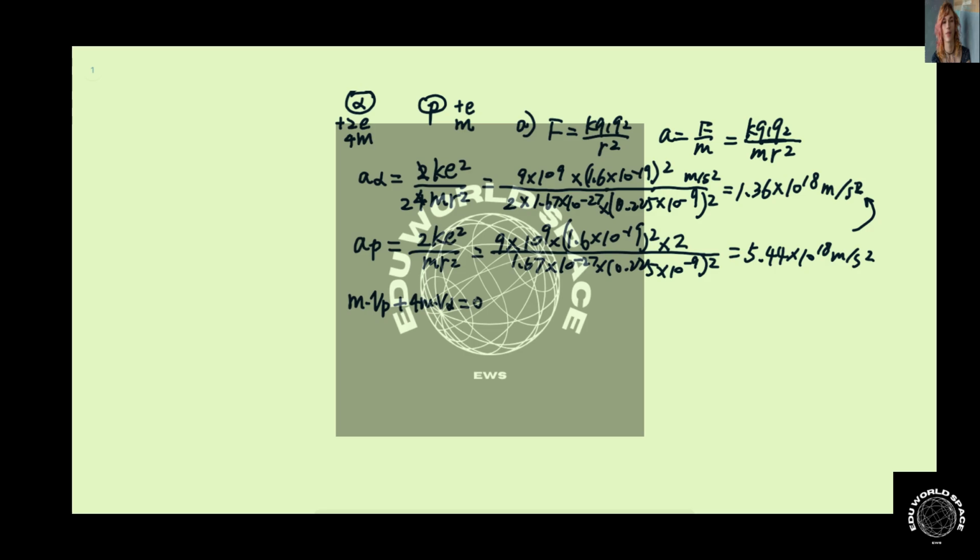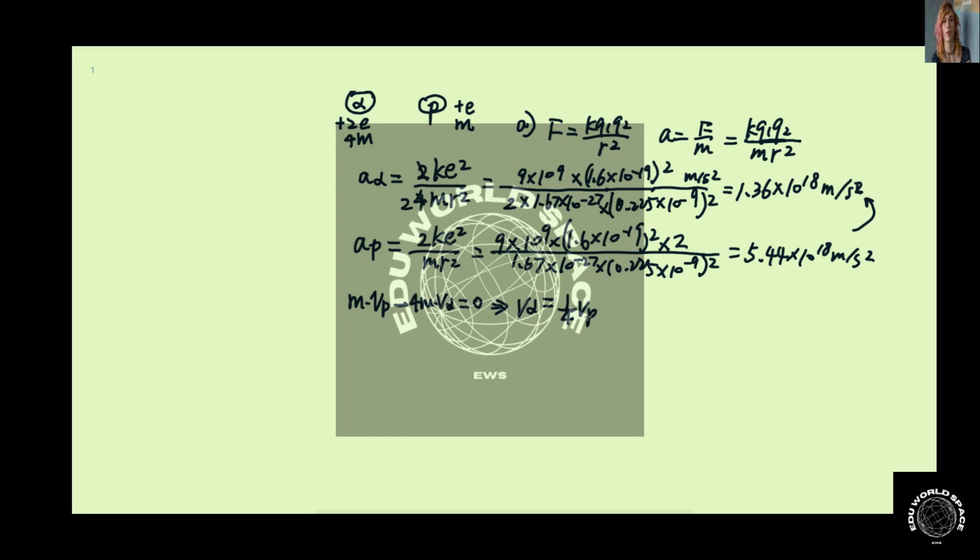Let's rearrange it. I will change this to minus, because I know they're moving in opposite directions, so I don't want to deal with the minus sign. So we have v alpha equals 1/4 of v proton.